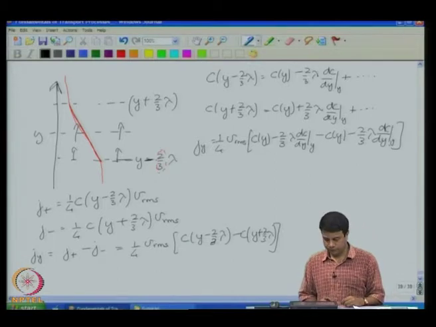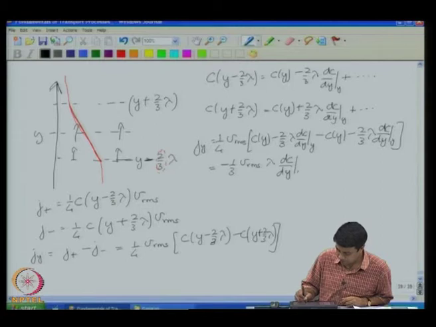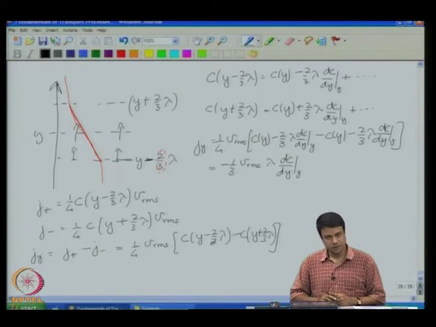And finally, this will give me minus 1/3 Vrms lambda times dc by dy. So, this is the flux equation.